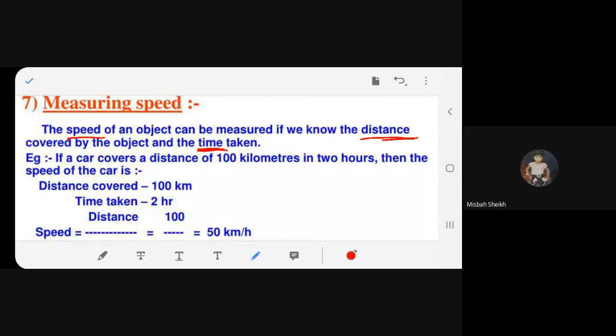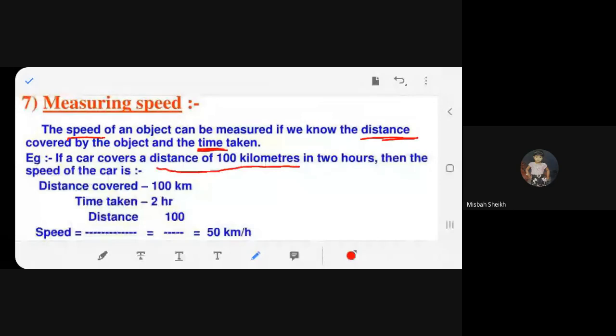Example. If a car covers a distance of 100 kilometers in 2 hours, then the speed of the car is: distance covered 100 kilometers, time taken 2 hours. What is given here? Distance of 100 kilometers, right?